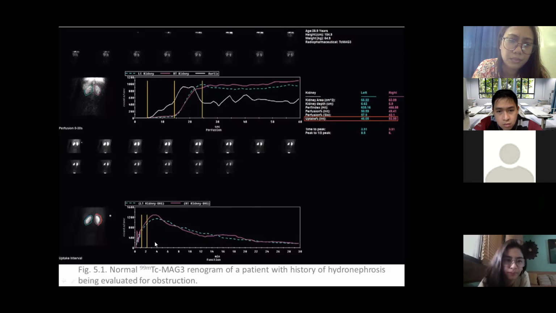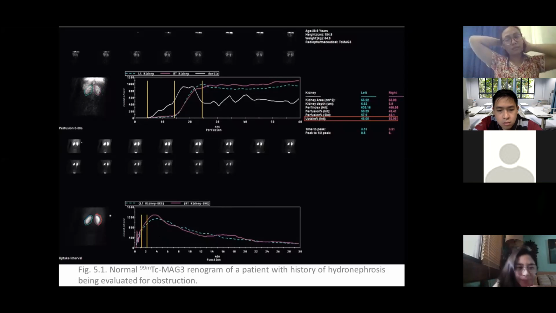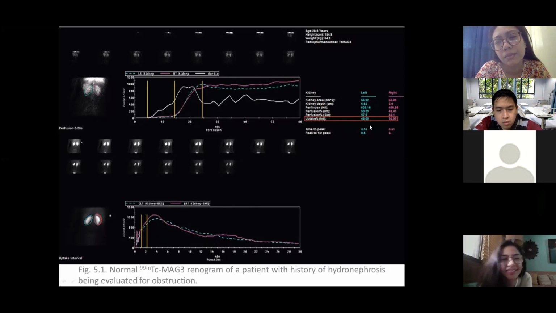There's also a peak radiotracer uptake, approximately at 3 to 4 minutes, and there's also a decreasing curve, which may indicate that the collecting systems are draining. Here we can see that the split function in the left kidney is 46% and in the right kidney 54%, so within normal percent renal split function difference.